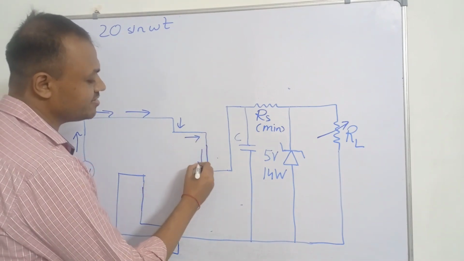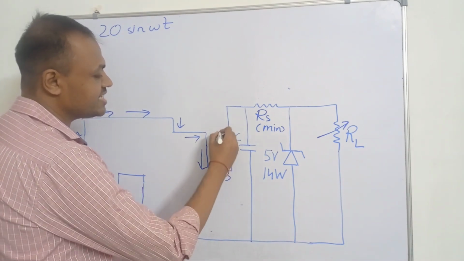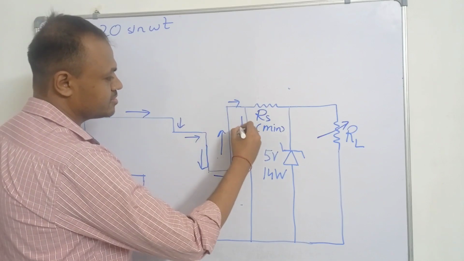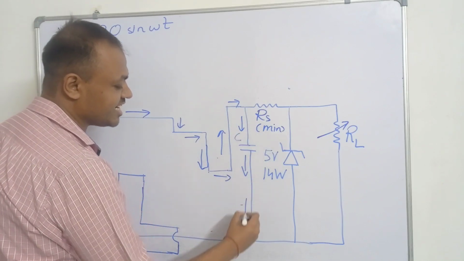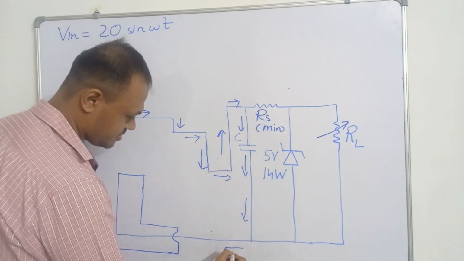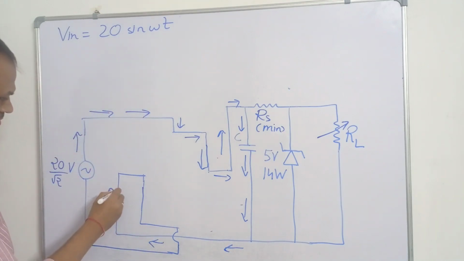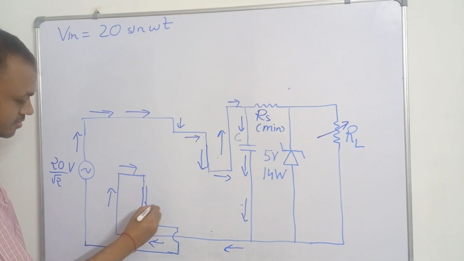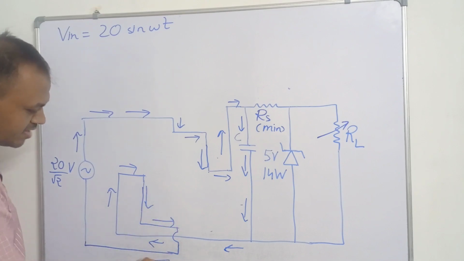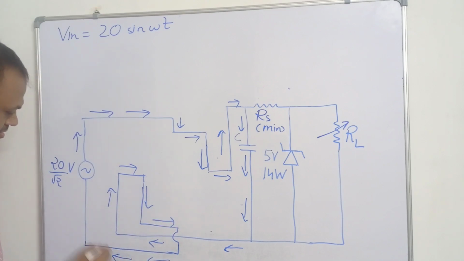So the current will flow in this direction and this capacitor will get charged. You can see the loop is complete.